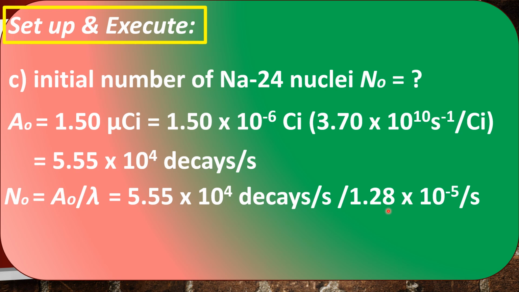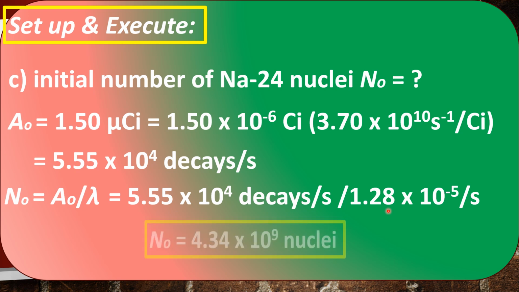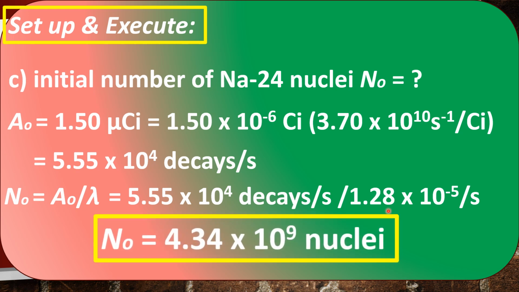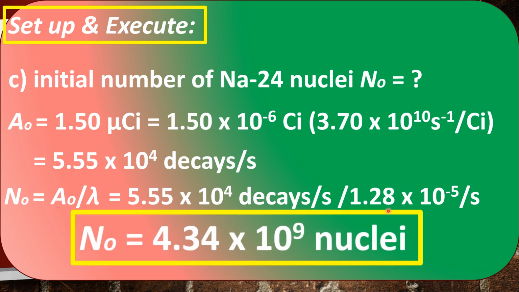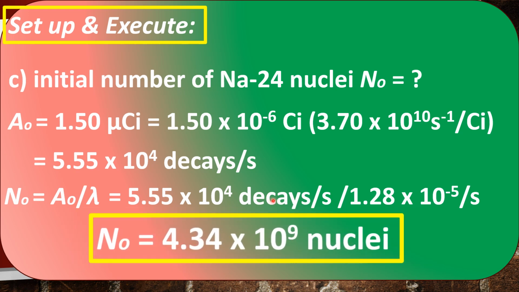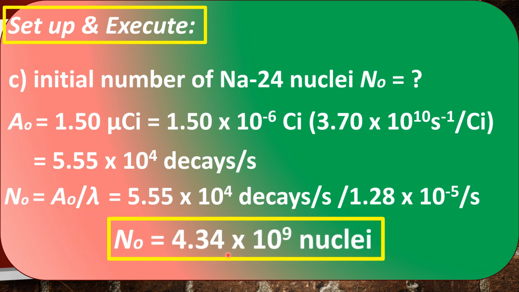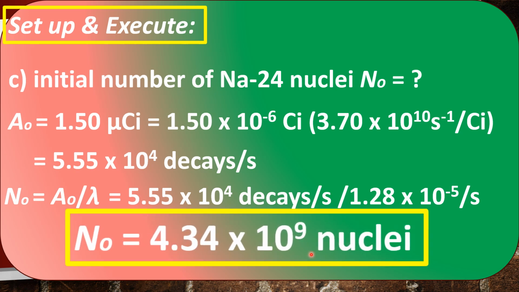So we get the initial number of the sodium-24 nuclei, N naught, equal to 4.34 times 10 to the 9th power nuclei.